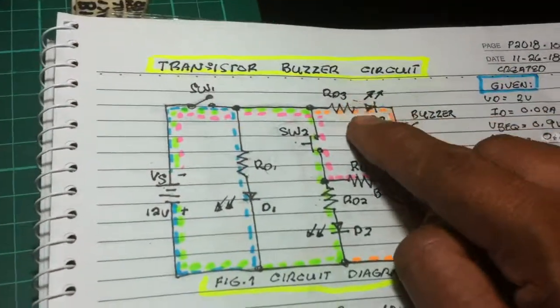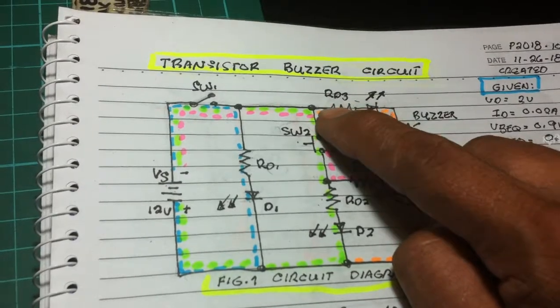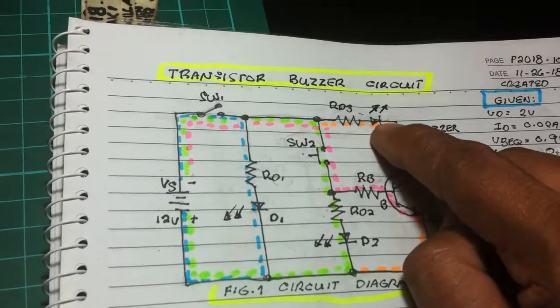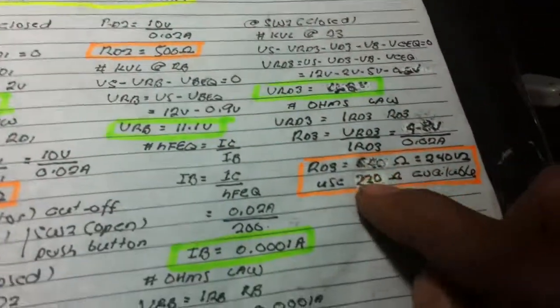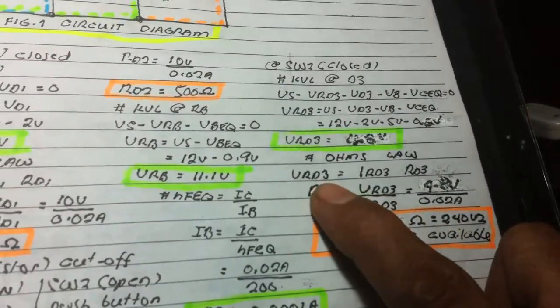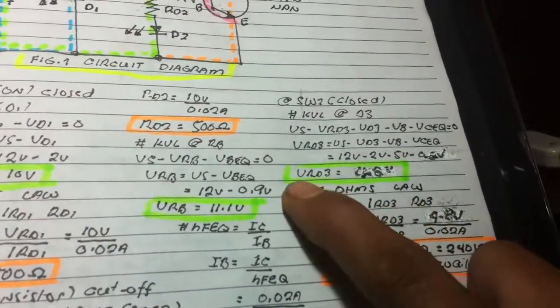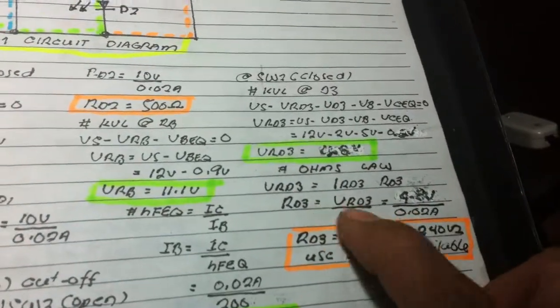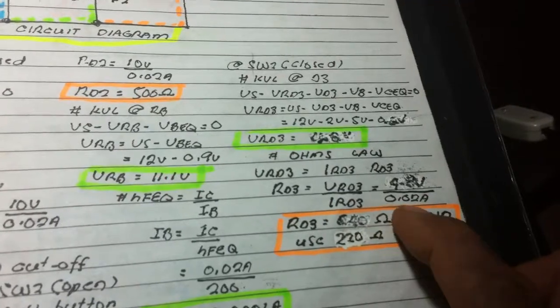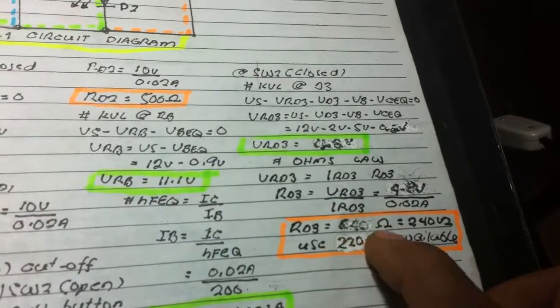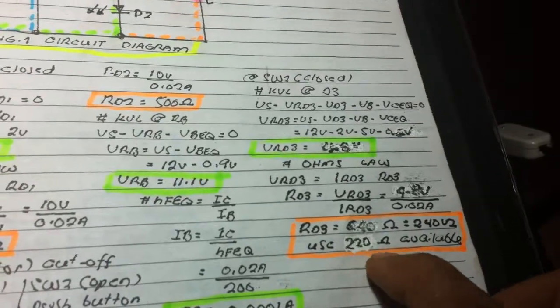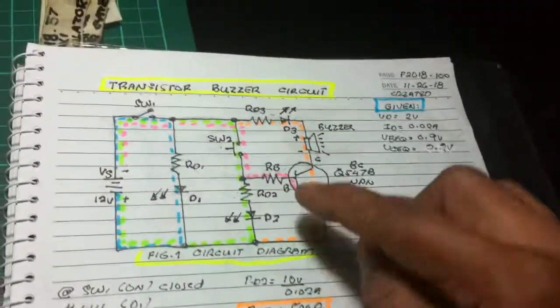That is the voltage drop across the RD3 to prevent damage to this LED. I got now, by substitution, using Ohm's law again, since we know the voltage drop and the current rating of the LED, 0.02, I got now 240 ohms, or I'm using a 220 ohms available resistor.